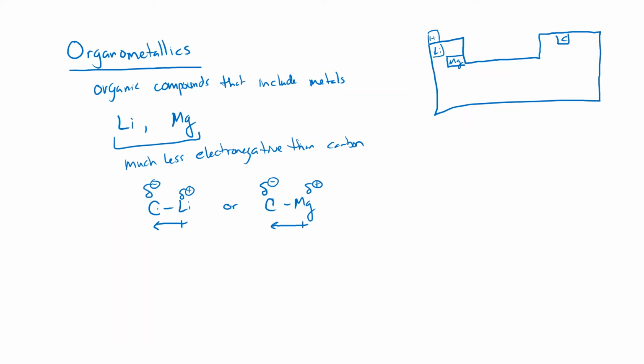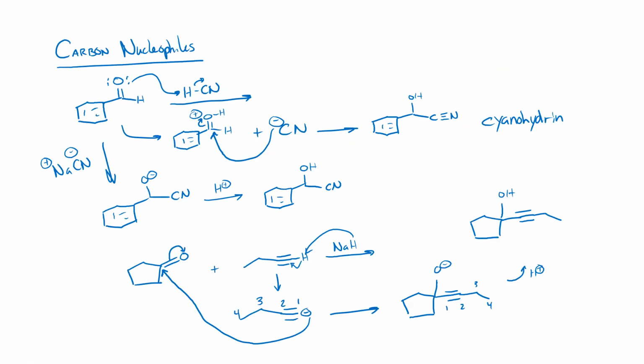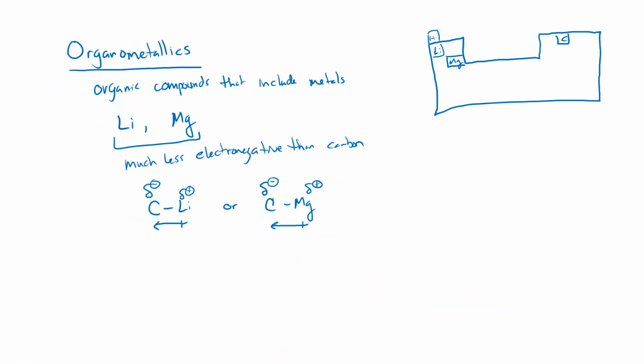Now, of course, this matches up pretty nicely with the carbon nucleophiles that we saw in the previous video. There, we had full-blown formal minus charges: a minus charge on the cyanide, and a minus charge on the conjugate base of our terminal alkyne. When we have a full-blown negative formal charge, they are very good nucleophiles. When we attach the carbon to a metal, kind of the same thing happens.